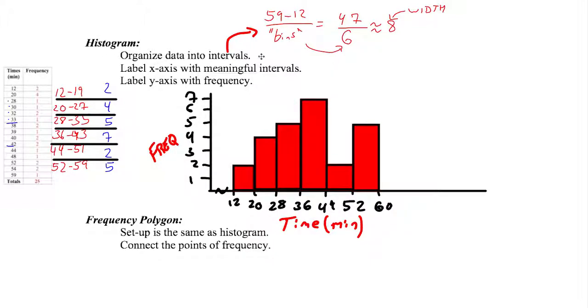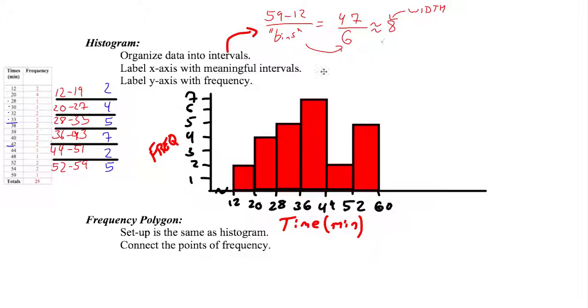So again, the first thing, and the hardest part actually, is to determine your bins and how wide they're going to be. So I saw that 47 is close to 48, which is 6 times 8. So I said, all right, why not make 6 bins? And you can see I have my 6 bins or bars, 1, 2, 3, 4, 5, 6. And if I divide 47 by 6, I get about 8.